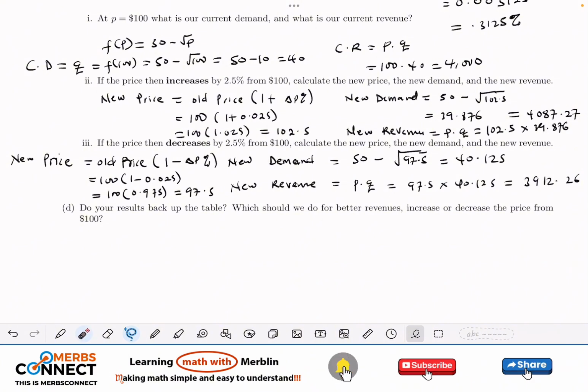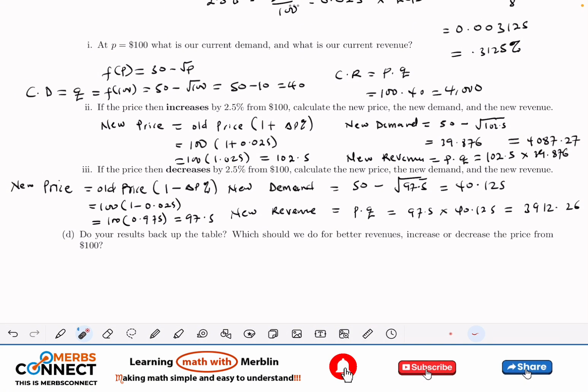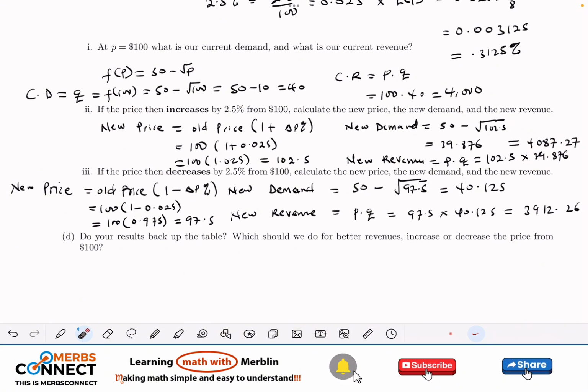So now let's look at what we are trying to say. When we decrease the price, what happens to the revenue? So this will be the revenue. When you increase the price, this will be the revenue. But look at the current revenue when the price was 100. So when price was 100, we had the revenue to be 4,000.